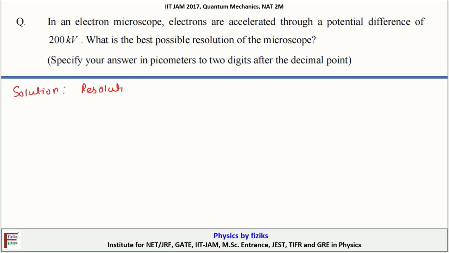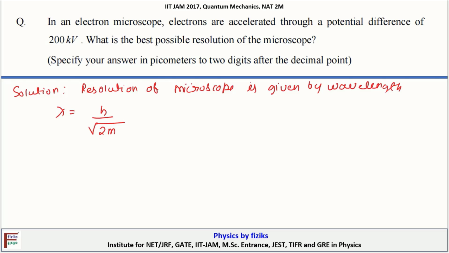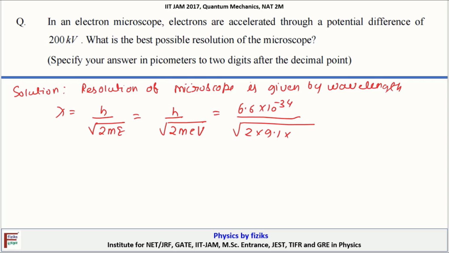Resolution of the microscope is given by the wavelength λ equals h by √(2mE), that is h by √(2meV), which is 6.6 × 10^-34 over the root of 2 × 9.1 × 10^-31 × 200 × 10^3 × 1.6 × 10^-19.